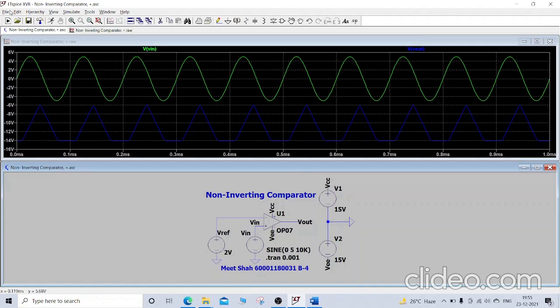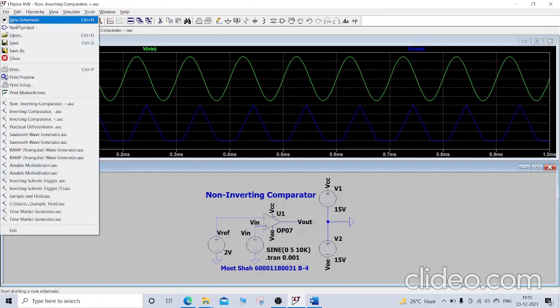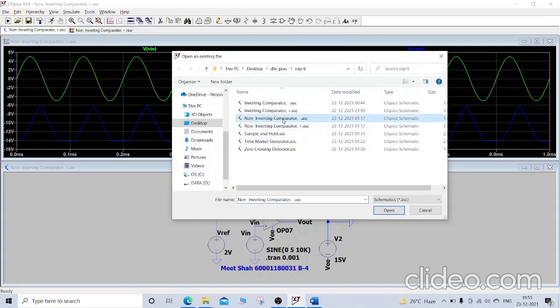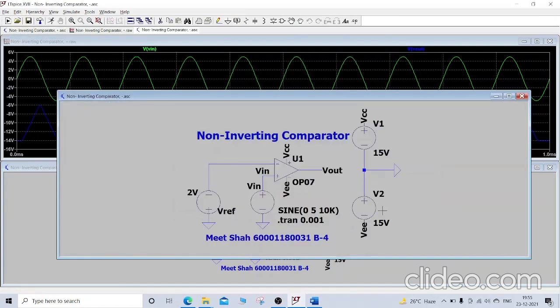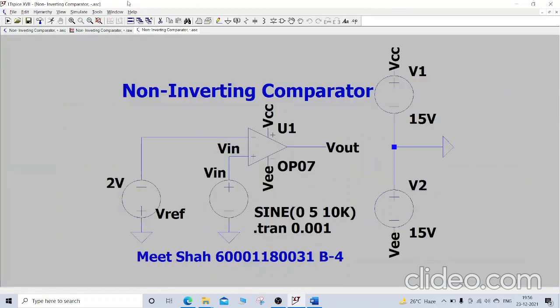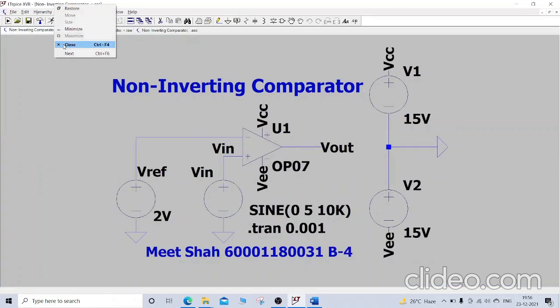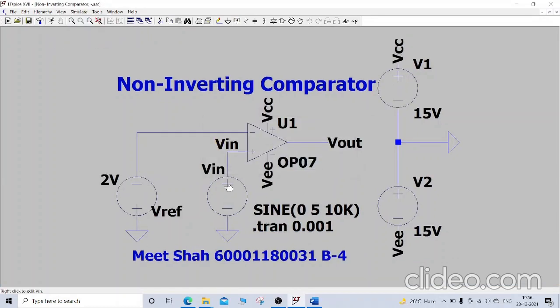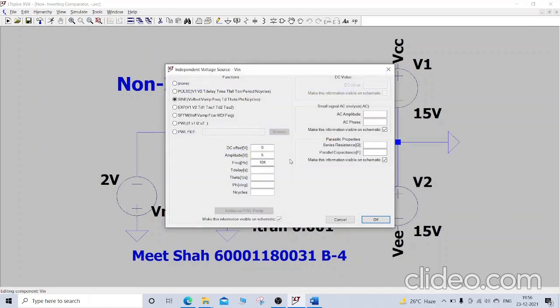Now we'll see non-inverting comparator with negative Vref. Close the positive one. So here we'll start with giving the frequency value as 1 kilo.